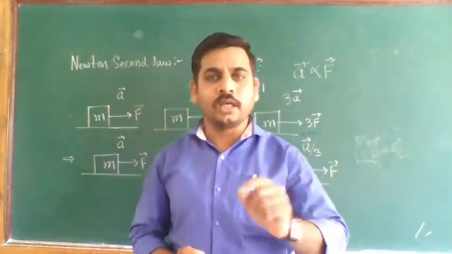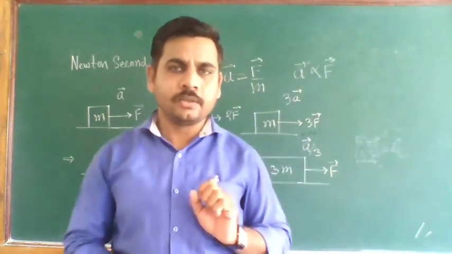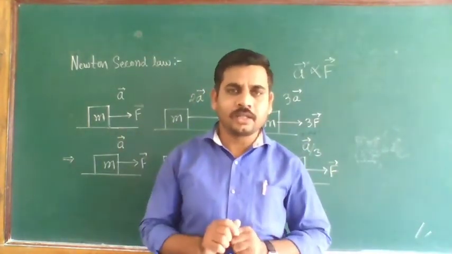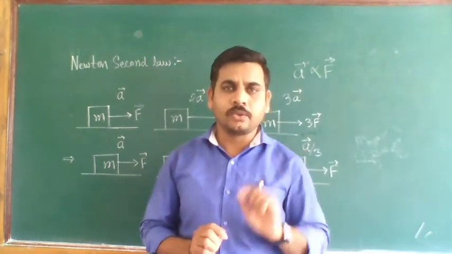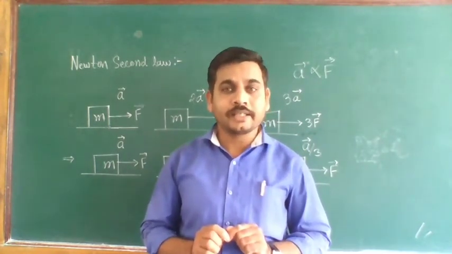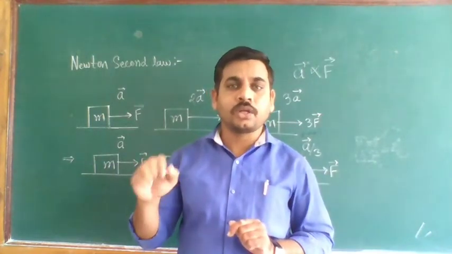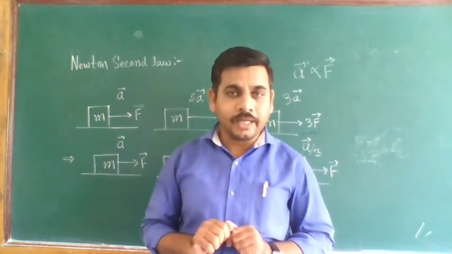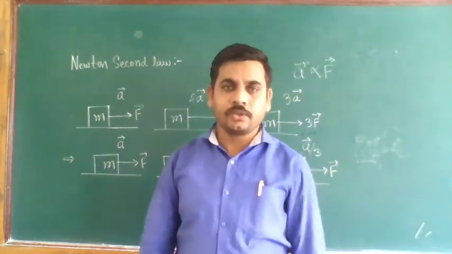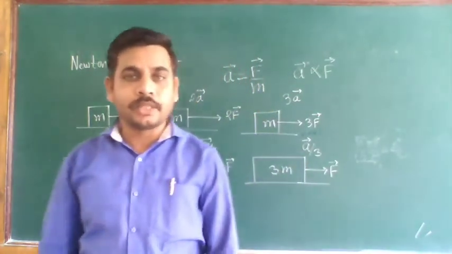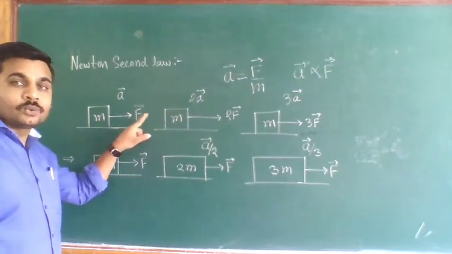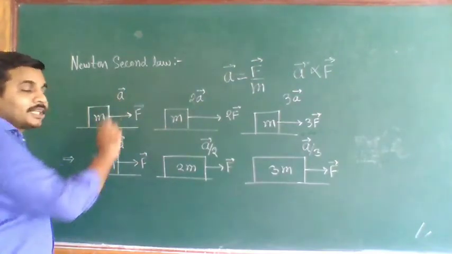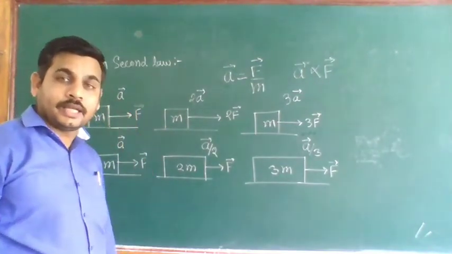Initially on the two-wheeler, just you are the rider, riding your bike. In that case the mass is the same, only your mass. If you apply force and accelerate the bike, which is in a moving state, the bike accelerates with value A.